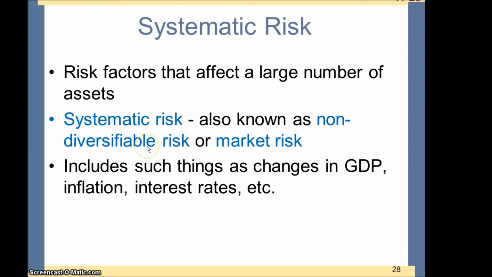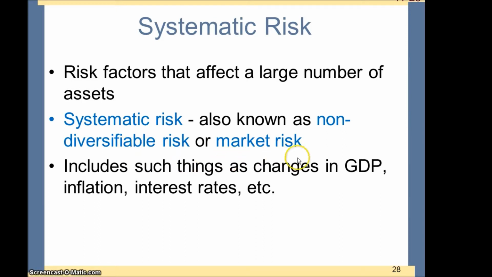Undiversifiable means that you have nowhere to run away from facing the risk. For example, market risk is a risk that will affect the whole market in general. So it means that all stocks listed in Bursa Malaysia are affected by market risk. So you have nowhere to run away from facing market risk. That's why it is undiversifiable.